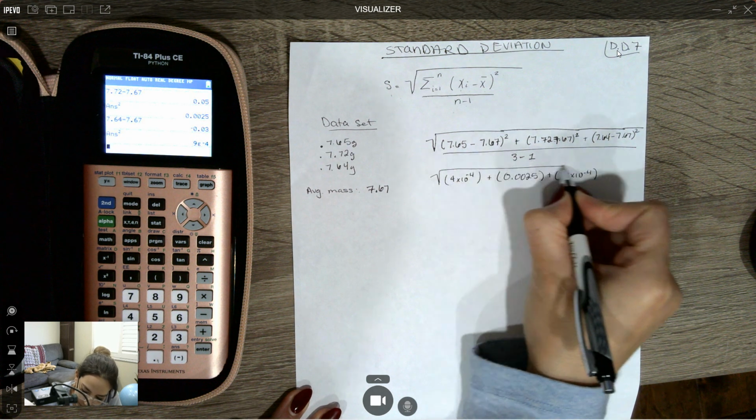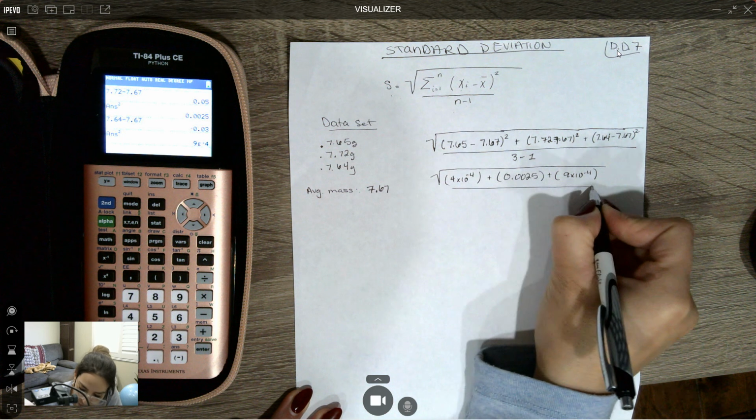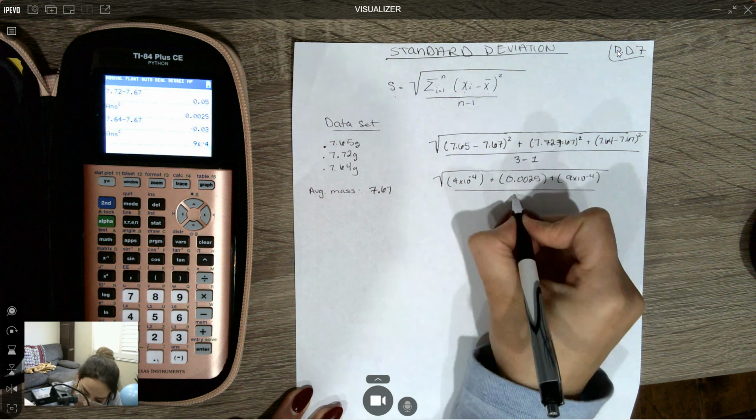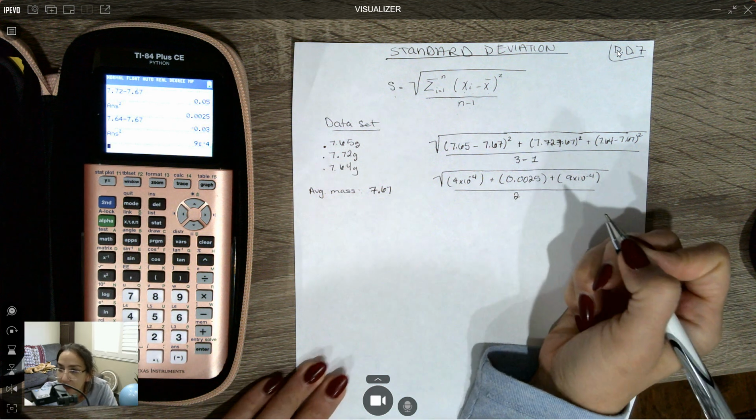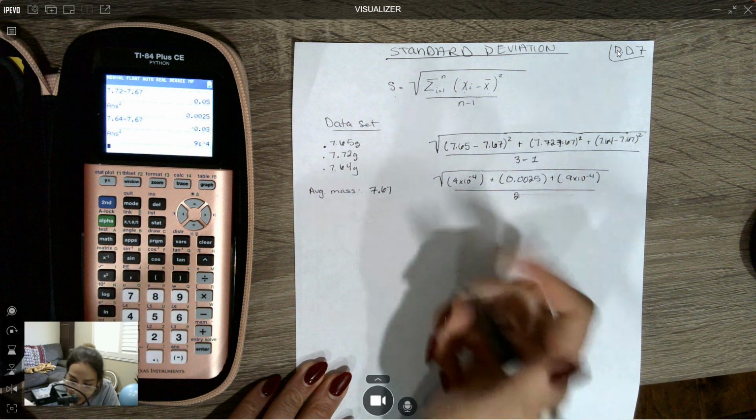All of this is still in a square root, and it's all still with the 3 minus 1, which is just 2.